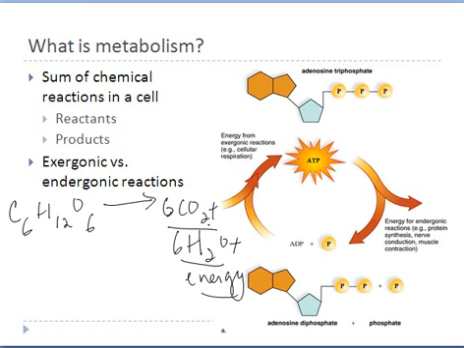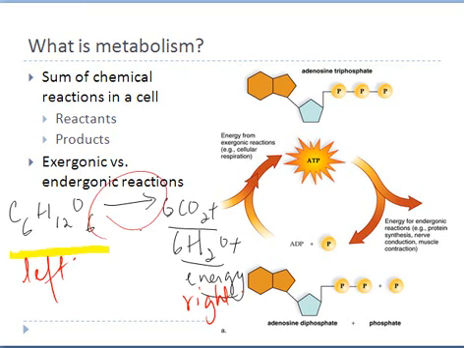Now this reaction has reactants, which are the starting material. Usually on the left hand side you write down the reactants, and the products are usually written on the right hand side, which show what is forming as a result of the process.